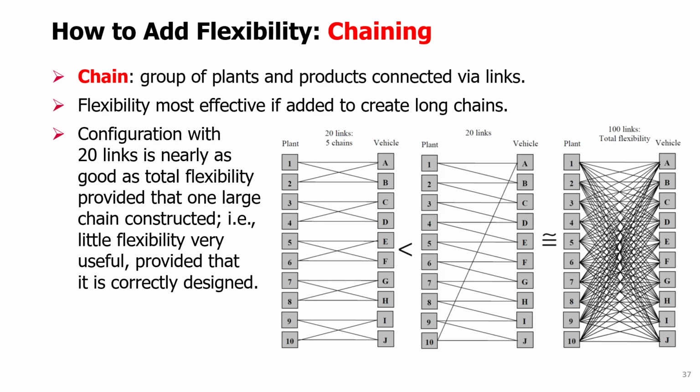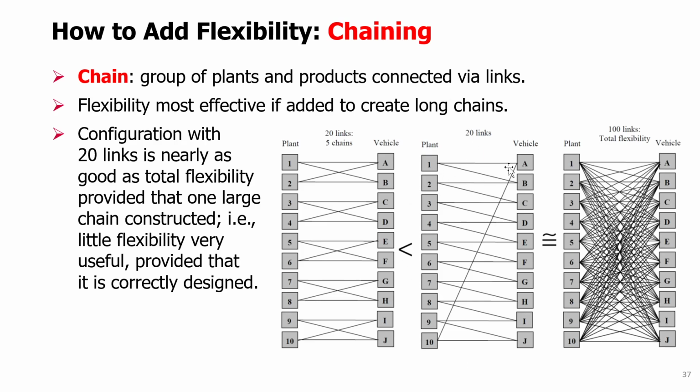A chaining of flexibility is shown here. In this picture we have the case of 100 links, total flexibility, and it will be very similar in performance to the case of 20 links, where the 20 links are added as one chain. The way this works is that vehicle A can be produced by plant 1, but plant 1 can also produce vehicle B. B can also be produced by plant 2, and plant 2 can also produce vehicle C, and so on.